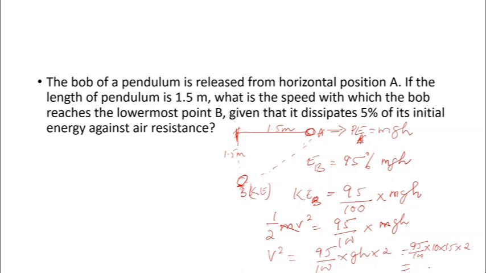So the final result will be 5.28 meter per second. This was v square, and from that we have to find the value of v by finding the square root.